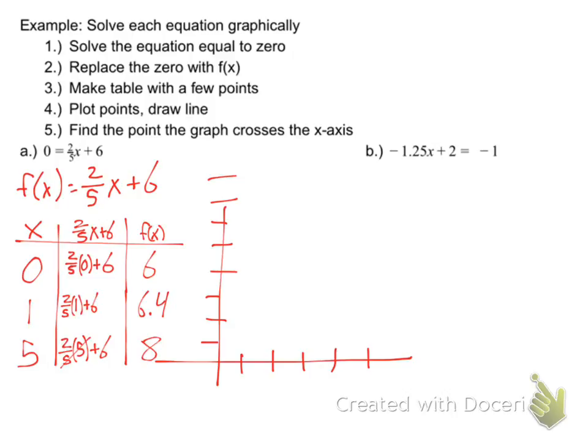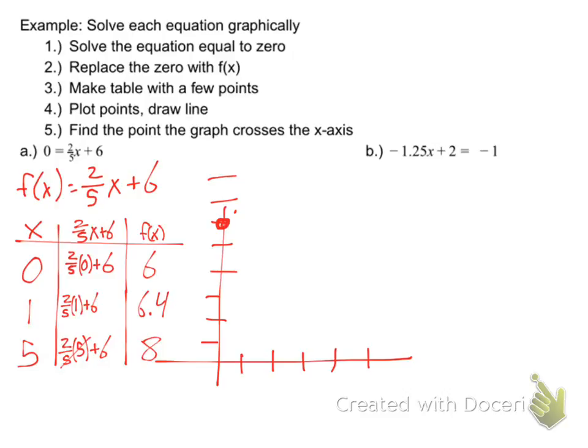Now, let's graph it. 0, 6 is there. 1, 6.4. That one's going to be an interesting one, huh? Someplace like there. Maybe a little over further.